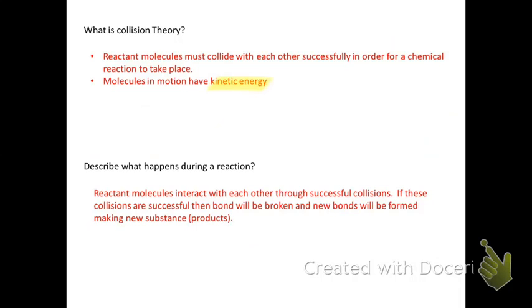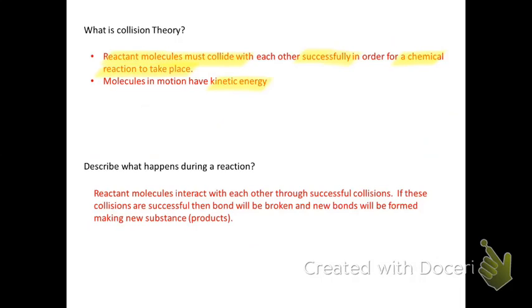And if they collide, especially if they're reactant molecules, and if they collide successfully, and we'll talk about what the word successfully is here in a minute because it's very important to understand what a successful collision is. But when these molecules collide successfully, then a chemical reaction could take place.